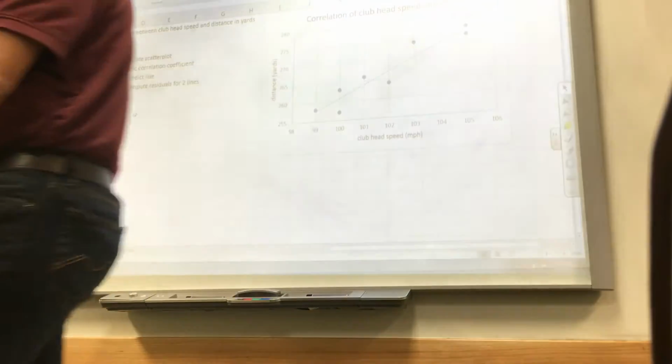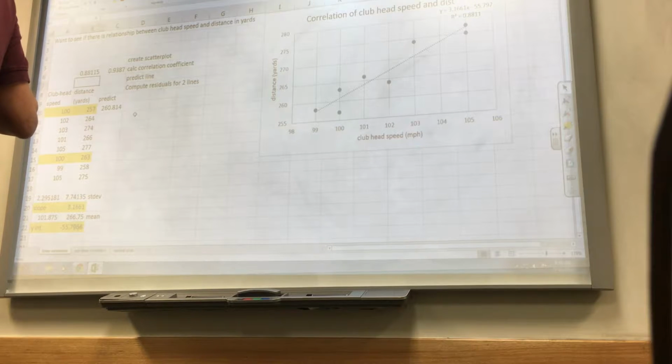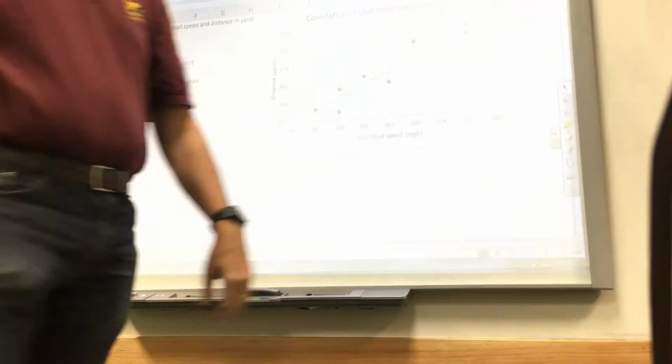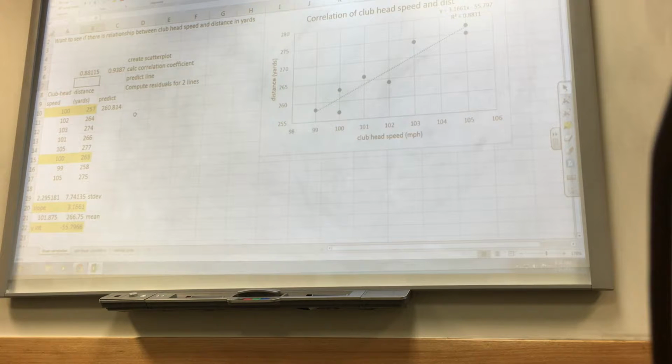What if I were swinging and I swung the club 0 miles an hour? What would happen to the ball? It would not go anywhere, right? Now, according to my equation, if I stick a 0 in here, how far is the ball going? It's going backwards, 55 yards. Does that make sense?